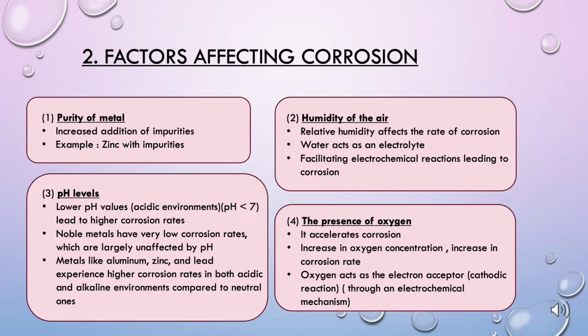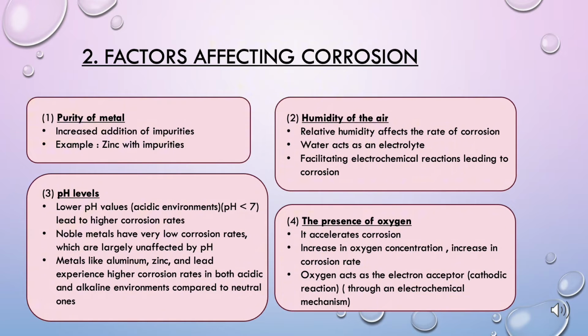Third, the pH level significantly affects the corrosion rate. Lower pH values, meaning acidic environments with pH below 7, lead to higher corrosion rates and are more corrosive than neutral or alkaline environments. Then, noble metals like gold and platinum have very low corrosion rates, which are largely unaffected by pH, and are rarely used for common purposes due to their high cost.